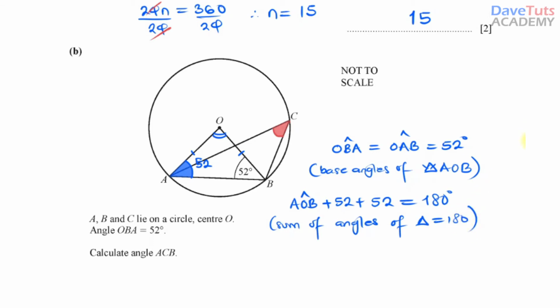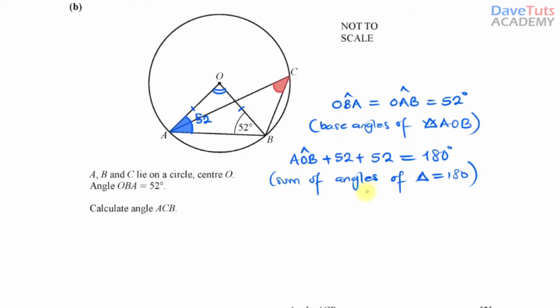Okay, so I'm writing out the reason why so that you can see that it is no magic. So if I call this angle x, that means x is equal to 180 minus the sum of 52 in two places. So that will be 180 minus 104, and that will be 76 degrees. So this angle at the center is 76 degrees.